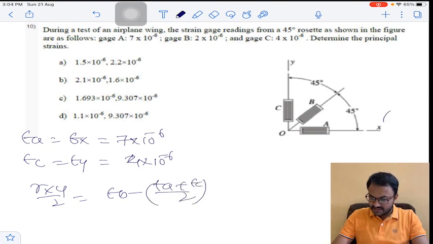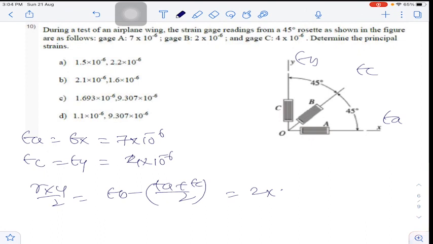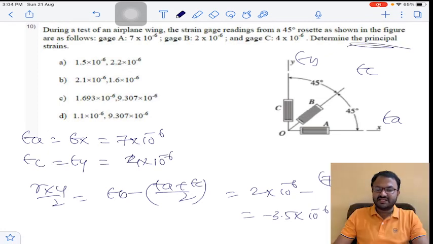Okay. So this is EA, this is EB, this is EC. So what is EB? 2 into 10 power minus 6 minus (7 plus 4) into 10 power minus 6 divided by 2. You will get minus 3.5 into 10 power minus 6. Clear? So by this he asked us to determine principal strains.